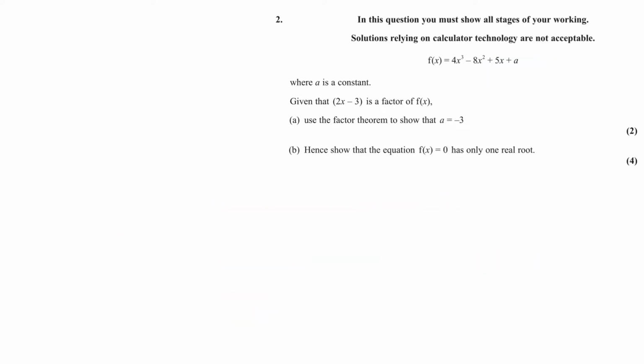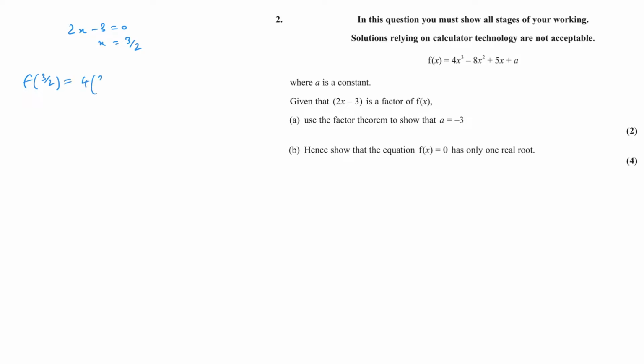So here we've got a factor theorem question, and since this is a factor, that means that 2x minus 3 equals 0, or x equals 3 over 2. And that is then substituted in, and that will make f of x equal to 0. So f of 3 over 2 will equal 0.